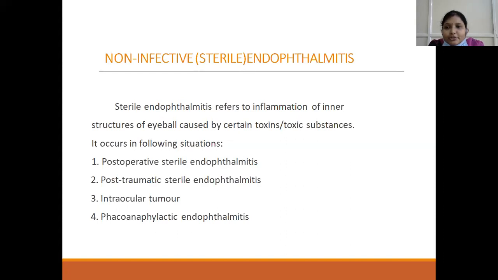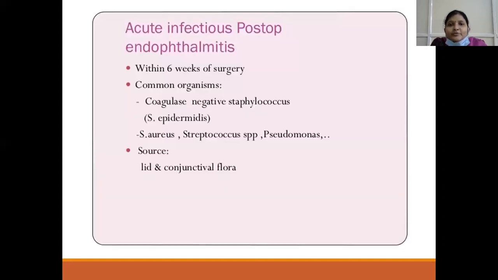In hypermature cataract, there is leakage of the lens proteins from the capsule. These lens particles act as a toxic substance leading to inflammatory reaction and uveitis. And next is intraocular tumor. The necrosis of the tumor releases small tumor particles into the eye. These act as a toxin leading to uveitis. This is a masquerade syndrome.